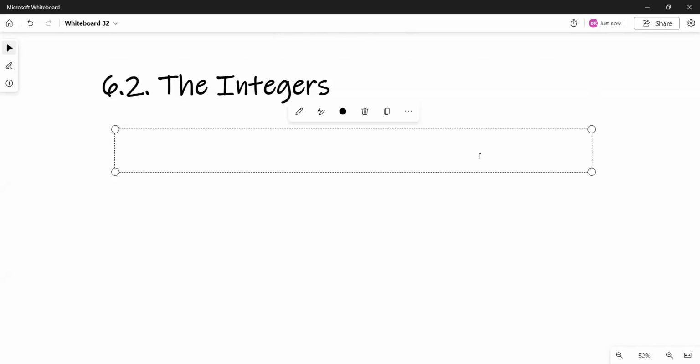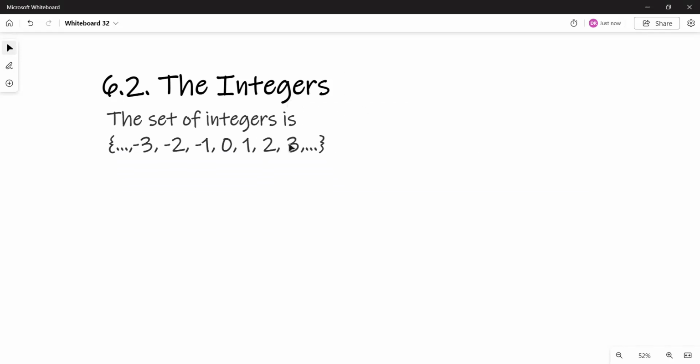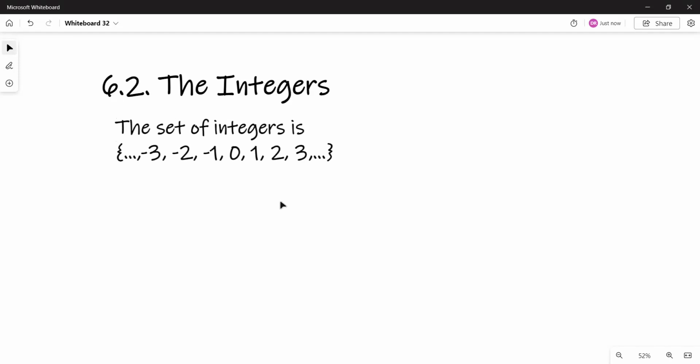So the set of integers, we don't have a first or last term. One way to indicate the pattern is with -3, -2, -1, 0, 1, 2, 3, and so on. It's going to be the set of whole numbers and the opposites of the natural numbers.